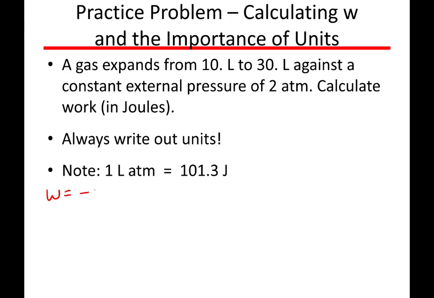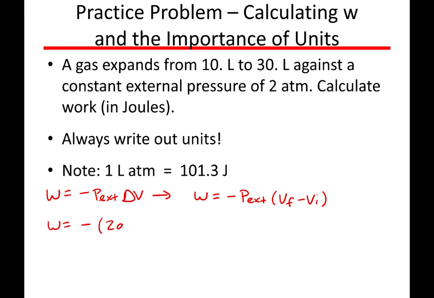We have work equals negative P external times delta V. And I'll tell you that anytime you see a delta, that always means final minus initial. So delta V means V final minus V initial. Now we can plug in the numbers.